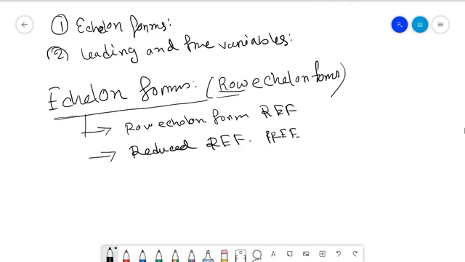Let's take an example so that we can see what an echelon form is. Let's say you have a system of 4 variables, but you have 3 equations. So these 4 variables will correspond to 4 columns, and these 3 equations will correspond to 3 rows.